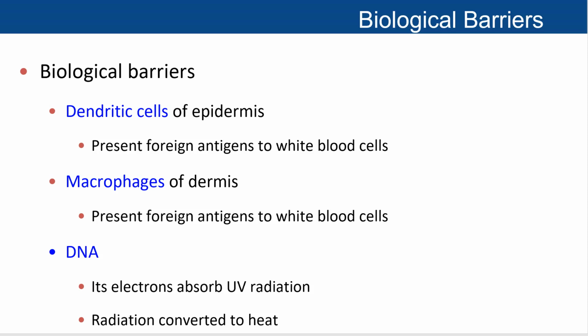So they act as antigen presenting cells and act as a biological barrier for our skin. DNA itself also absorbs the UV radiation and then converts it to heat, and in this way it can protect itself.